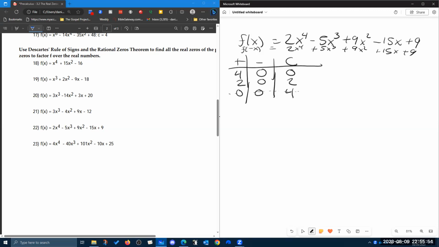So let's look at factors of 9: 1, 3, or 9. Factors of 2 are 1 or 2. So that's going to be plus or minus 1, plus or minus 3, plus or minus 9, plus or minus 1/2, plus or minus 3/2, plus or minus 9/2.